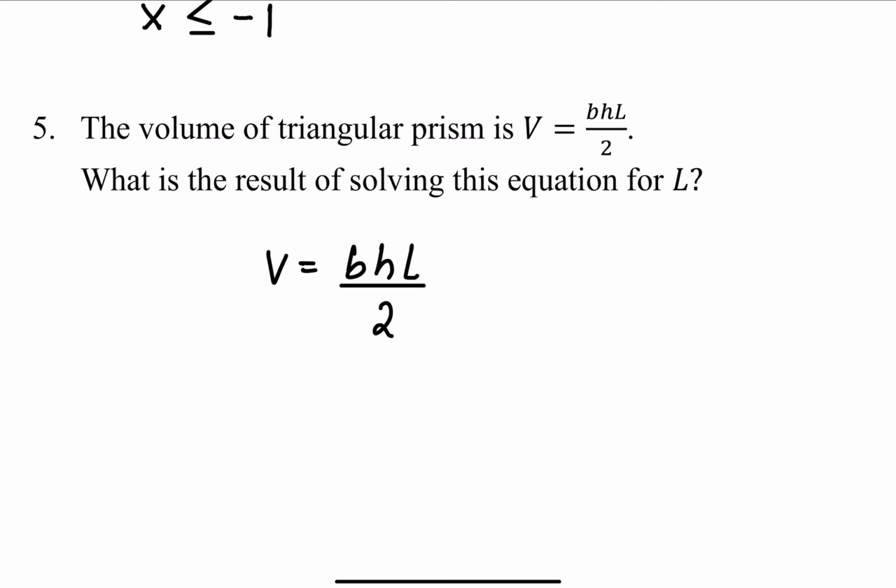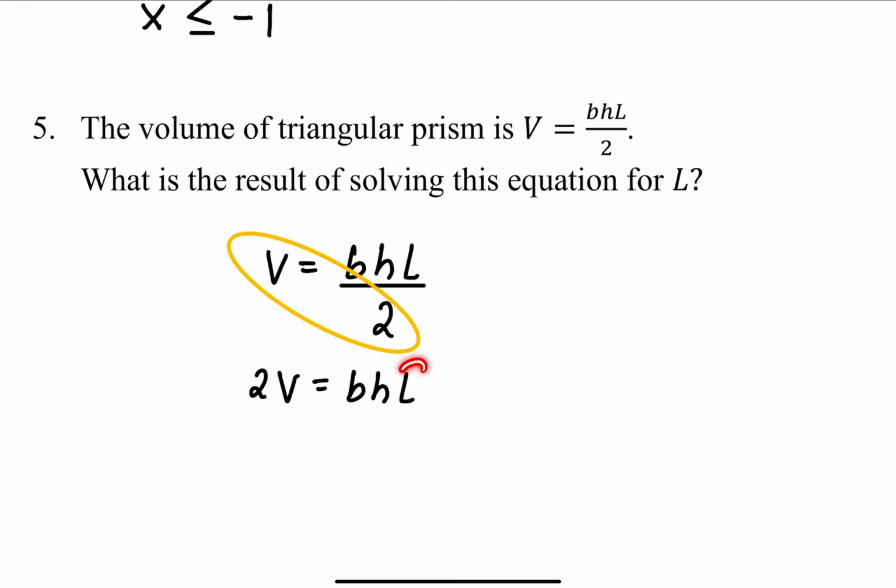Since we have a denominator of 2, we can cross multiply. So V times 2 gives us 2V is equal to B times H times L.